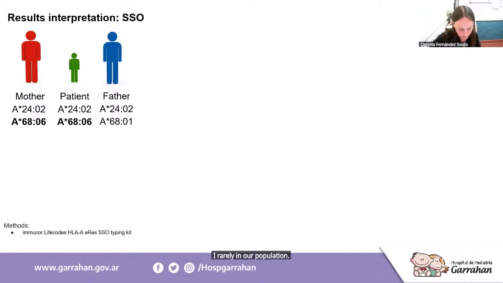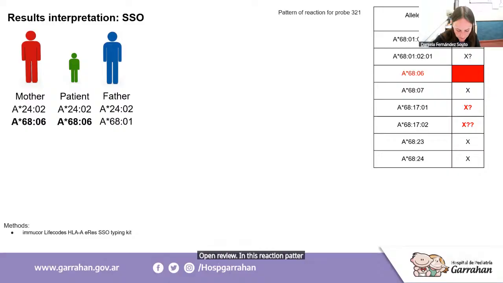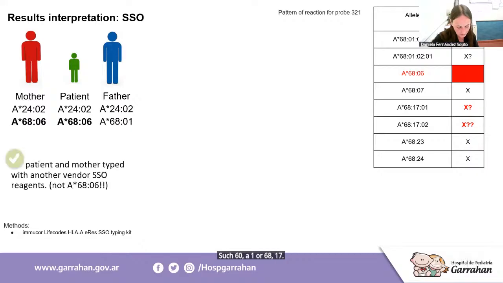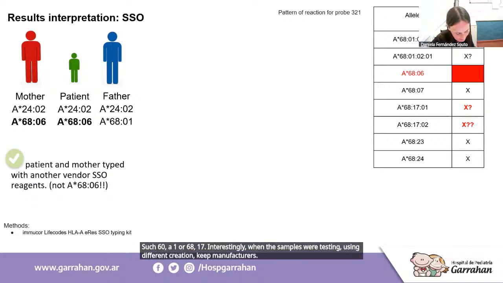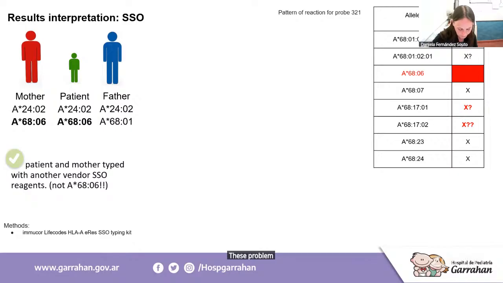Upon reviewing these reaction patterns, we suspected a probe issue, specifically with probe 321, which may misidentify more common alleles for us, such as 68:01 or 68:17. Interestingly, when the samples were tested using different reagent kit manufacturers, this problem did not occur.